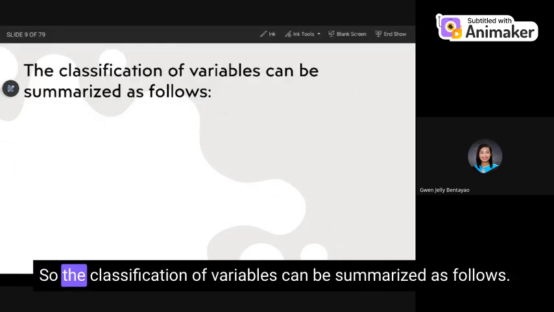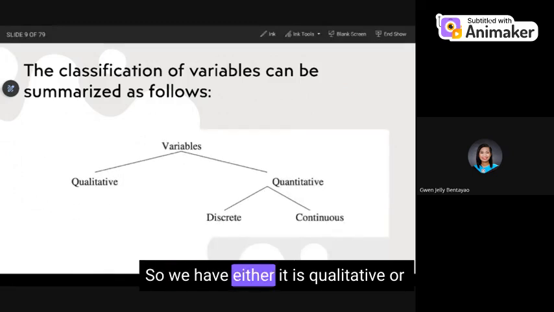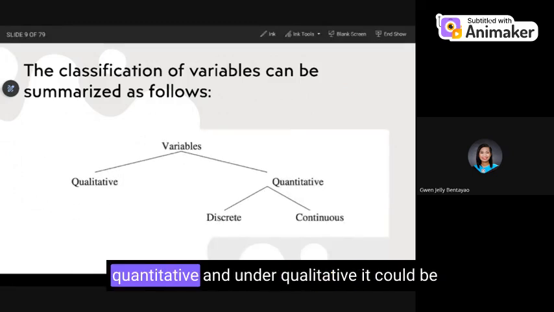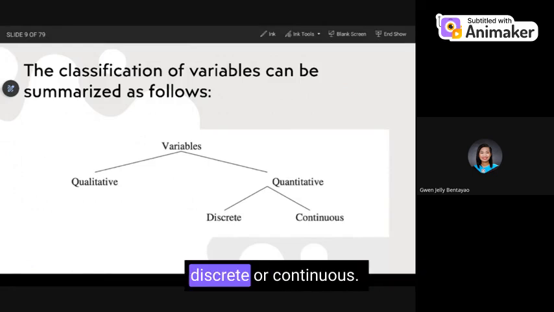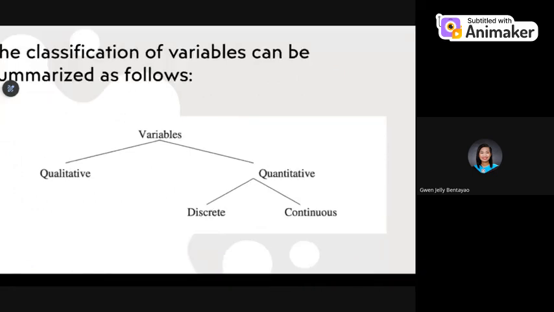So the classification of variables can be summarized as follows. It is either qualitative or quantitative, and under quantitative, it could be discrete or continuous.